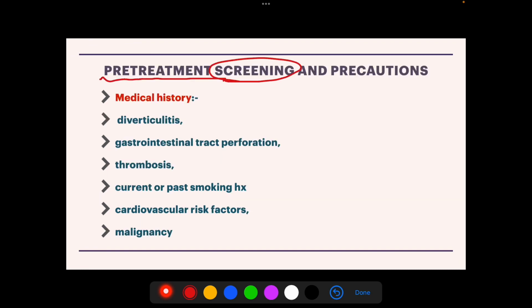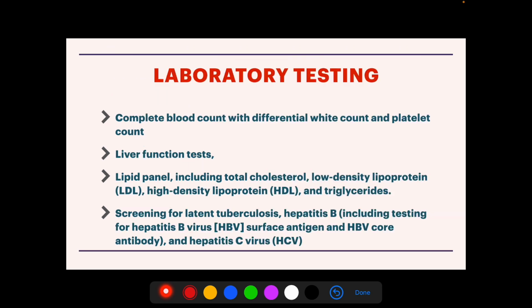What are the pre-treatment screening and precautions for use of JAK inhibitors? We have to take a careful medical history: whether the patient has diverticulitis, GI tract perforation, history of thrombosis, current or past history of smoking, cardiovascular risk factors, and any known malignancy.